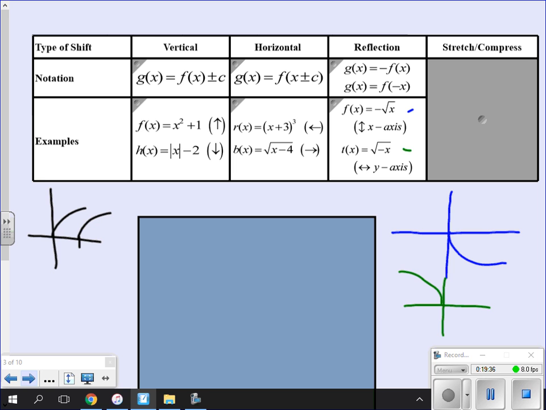Because I can have x values that will work for the square root of negative x, x also has to be negative. So normally what would be true for 1 is true for negative 1. What normally would be true for 2 is true for negative 2. That's why it flips it across the y.